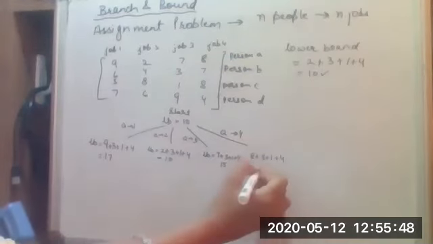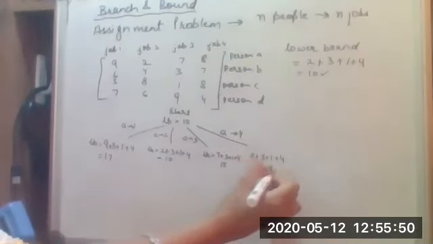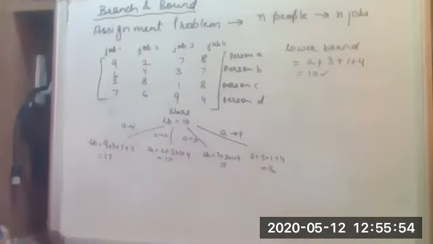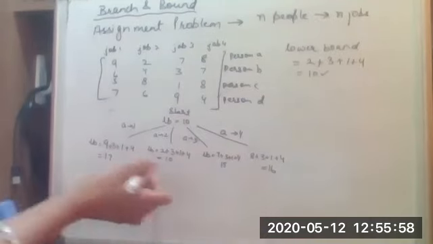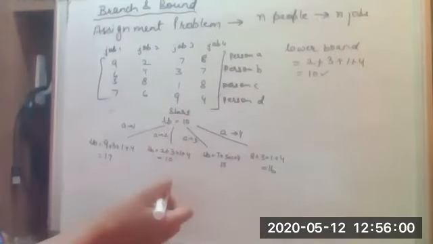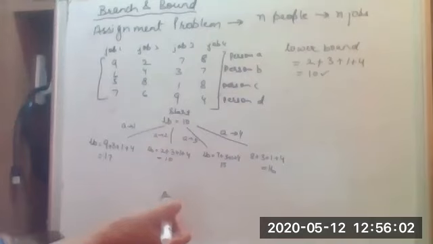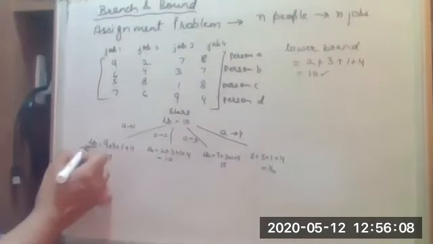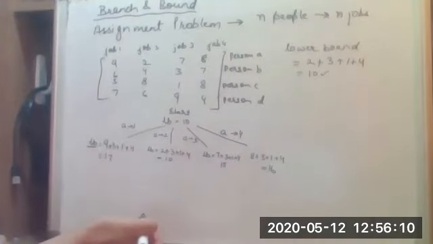So this will be equal to 16. So what we have done is, for all possible solutions we have taken a lower bound. That means we have tried to find the bound on the best value of the objective function. So the objective function is to find the lower bound.